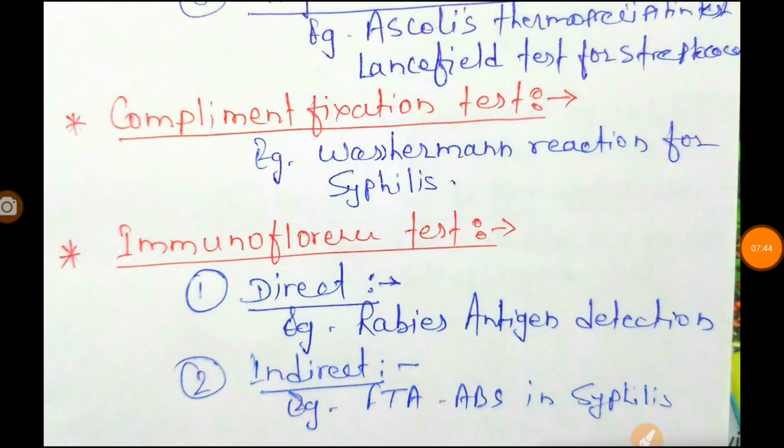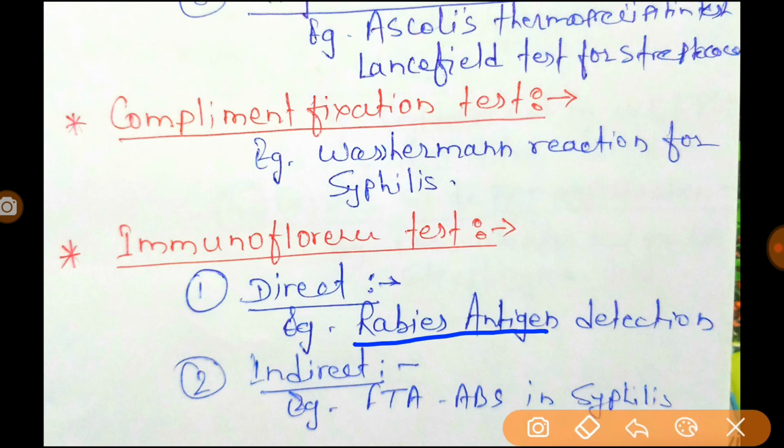Next one is the immunofluorescence test. It is of direct or indirect type. For the direct test, you only have to remember that it is for viral antigen detection, that means rabies antigen detection, and the indirect test is FTA-ABS in syphilis. The most commonly asked question about syphilis tests: always remember FTA-ABS, not the VDRL test.